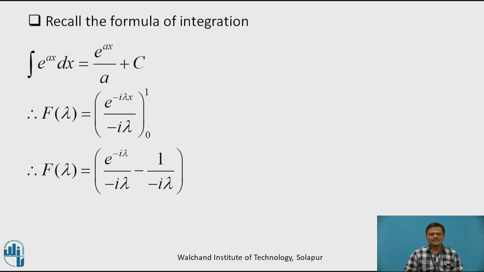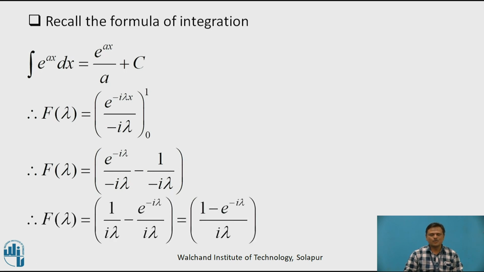Now simplifying it, we get F of lambda equal to 1 upon I lambda, because minus of minus becomes plus. So the first term is written as 1 upon I lambda, and then minus of e raised to minus I lambda upon I lambda. And further simplifying, we get the final answer as 1 minus e to the power minus I lambda upon I lambda. So this is all about the first example.